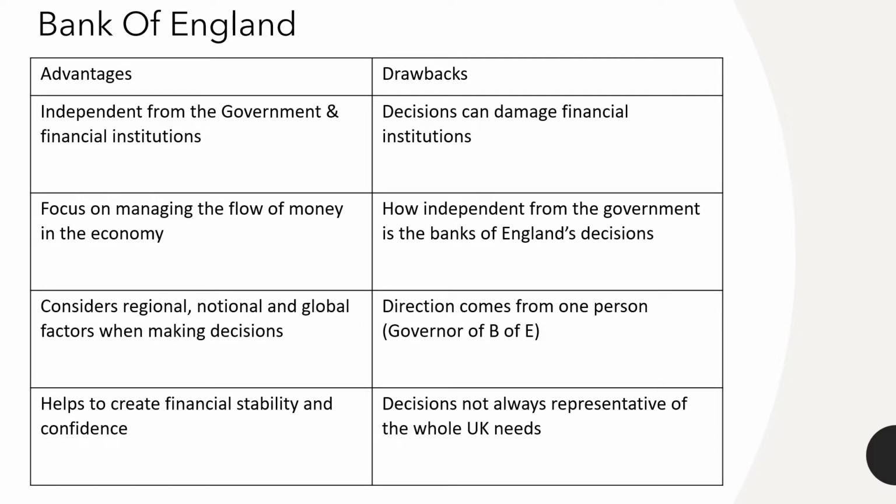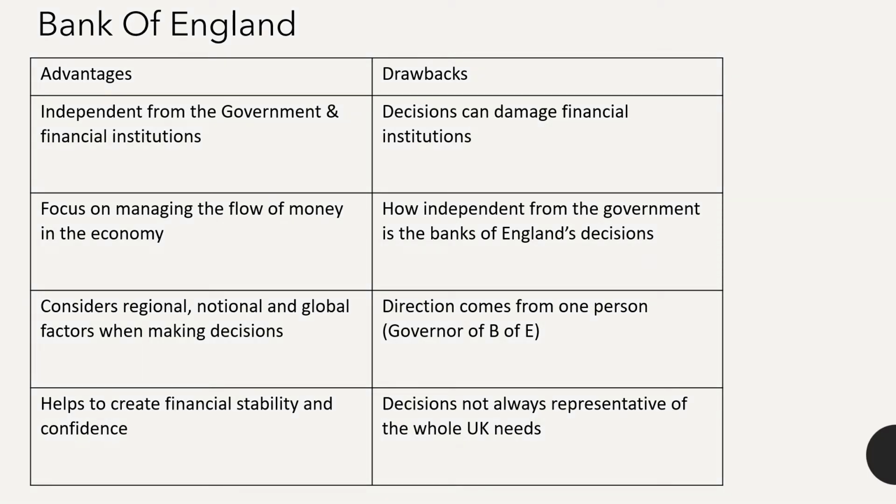The Bank of England is independent from the government and financial institutions, so they are an independent body. They focus on managing the flow of money in the economy. The Bank of England considers regional, national, and global factors when making decisions. And essentially, the Bank of England helps to create financial stability and confidence across the whole financial framework.